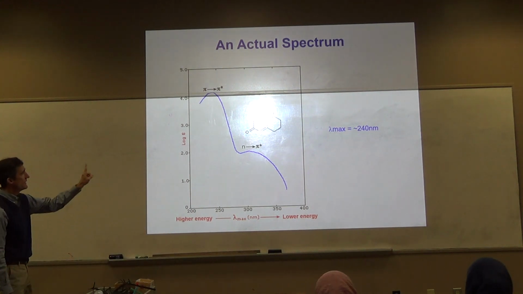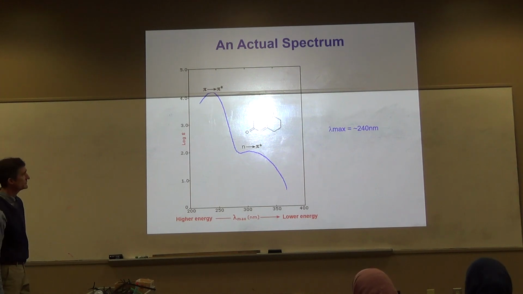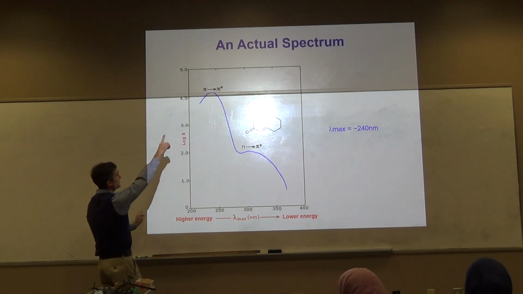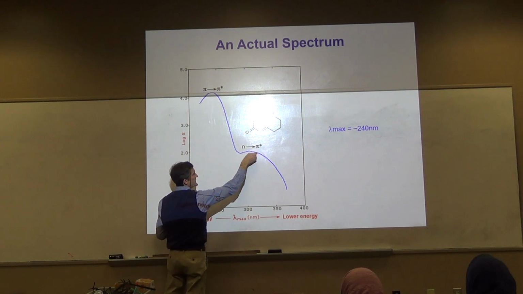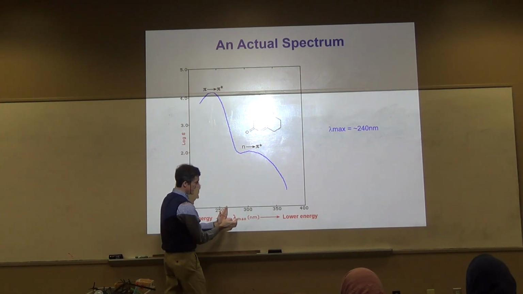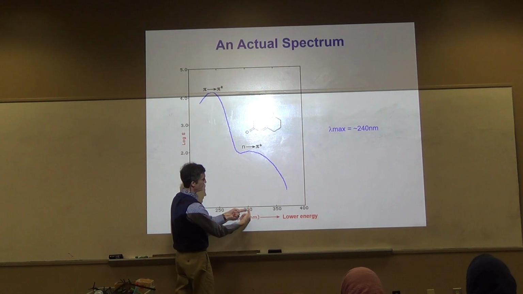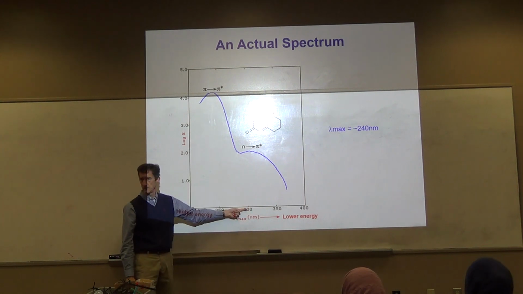That's common. This has been ascribed to two different transitions: pi electrons being excited and non-bonding electrons being excited. The non-bonding electrons are being excited at a longer wavelength, about 300. Does that make sense? Yes.